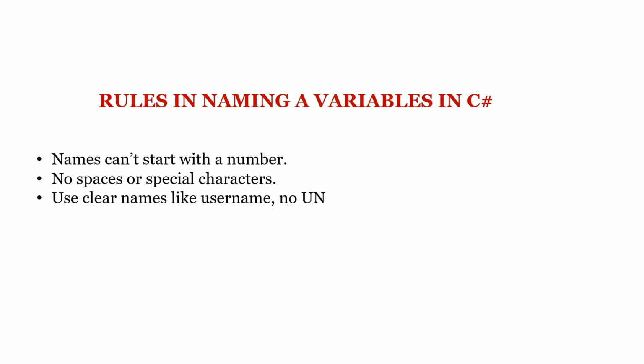Rules in naming a variable in C Sharp. Number one, a name can't start with a number. Previously in our code we have int age, and we assigned a value of 25 to it. Note that a number can't come before the age. We can't say int 2age.